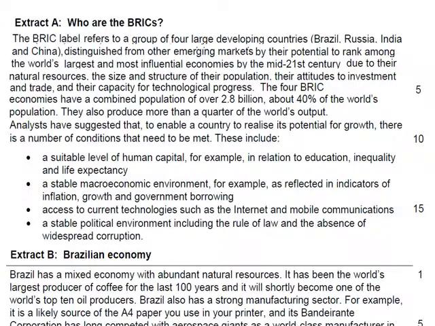Okay, so extract A in the case study gives you an overview of the BRIC economies. It is telling you what they have in common. It says the BRIC refers to a group of 4 large developing countries, Brazil, Russia, India and China, distinguishing them from other emerging markets by their potential to rank among the world's largest and most influential economies by the 21st century. So maybe not in terms of standard of living per capita, but largest in terms of total GDP, due to their natural resources.